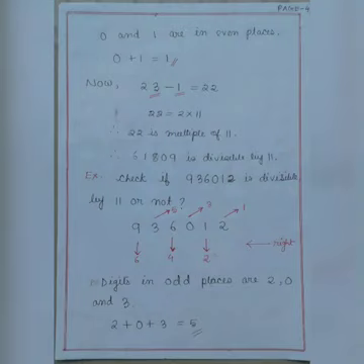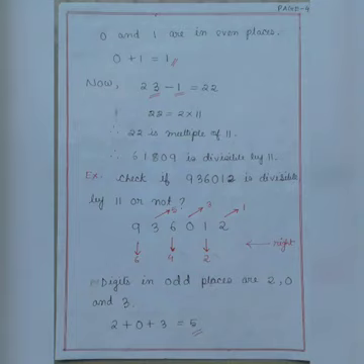That is 22 is a multiple of 11. If the result is a multiple of 11, then the number is divisible by 11. Therefore, 61809 is divisible by 11.